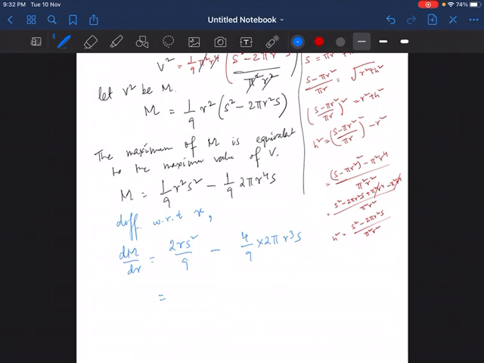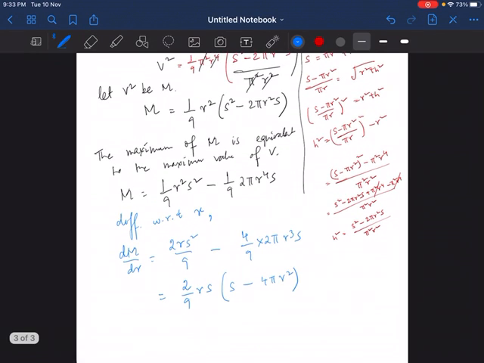So if I take 2 by 9 r s common, we have s minus 4 pi r square. This is what we have, right?